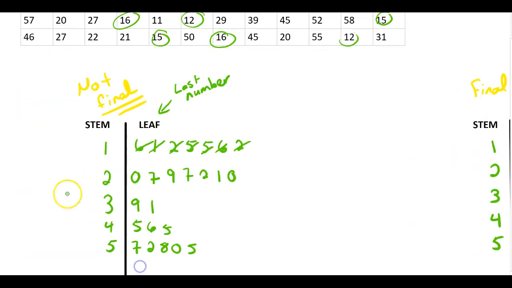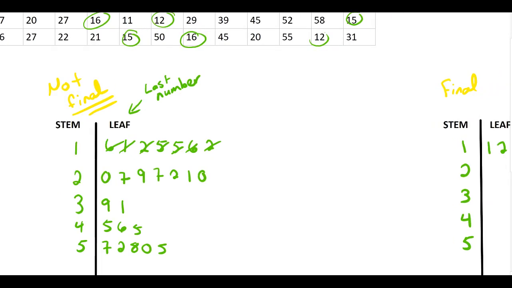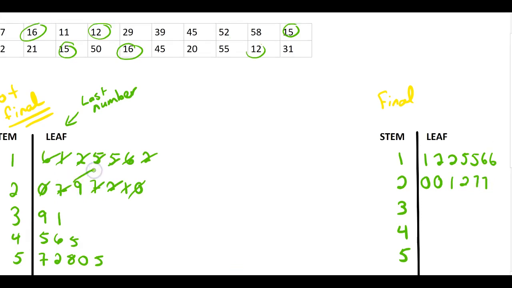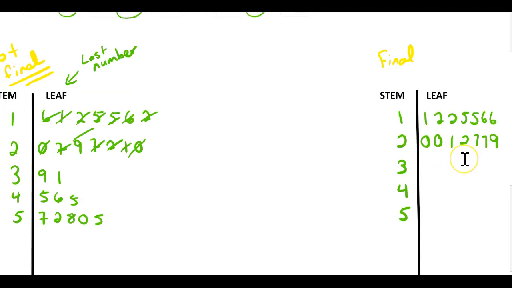For the 2, I'm going to start with the zeros, and I'm going to have a 0 twice. I'm trying to line them up underneath the previous one. I have a 1, I have a 2, I have 2 7s, and I have a 9. So actually in the 1 and 2 stems, I have the exact same number of leaves. For the 3 stem, I have a 31 and a 39.